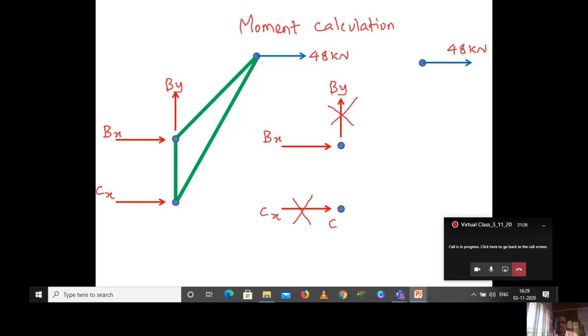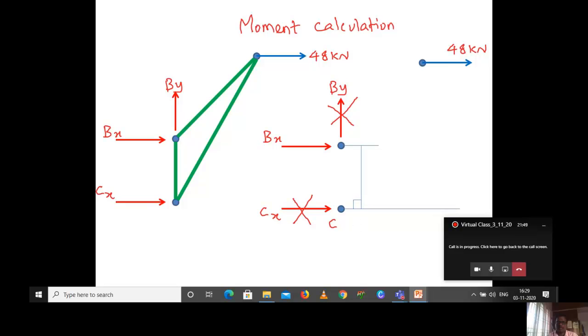And one more thing, with respect to C, the point on B, the vertical reaction By is also in the same line, so it won't have any perpendicular distance, so you can cancel the term also. So now you will have only the effect of Bx and 48 kilonewton. Those two forces will create a moment with respect to C.